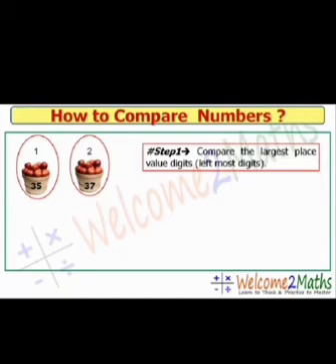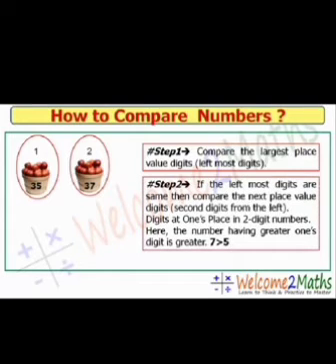Let's see step number 1. Compare the largest place value digits, that is the leftmost digits, and here the digits are the same. You can see that 3 and 3. So let's go to step number 2. If the leftmost digits are the same, then compare the next place value digits, that is the second digits from the left, and that is the ones place digit.